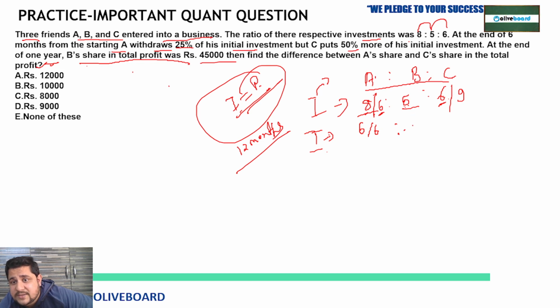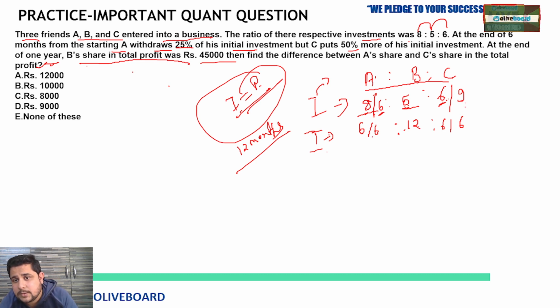B invested for overall 12 months, same money, so 12 directly we can take here. After this, 6 and 9. So this 6 invested for 6 months and this 9 invested for another 6 months, like that also we can take this. So I hope you are getting the value very well. Is this clear?